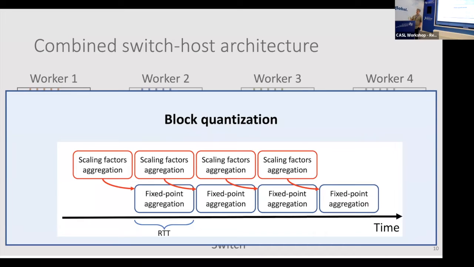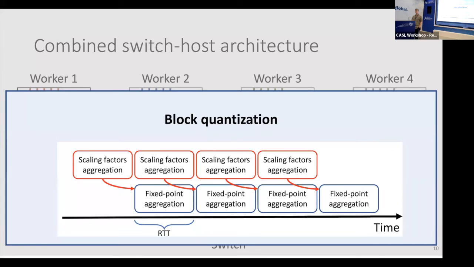So, at step n-1, I can determine essentially for a block, this is the max value that I would have for the gradients in block n. I can compute that across the network using the switch, and I can determine a scaling factor. And on the basis of that scaling factor, I try to maximize the dynamic representation for converting from floating points, say 32-bit floating points, into 32-bit integers.